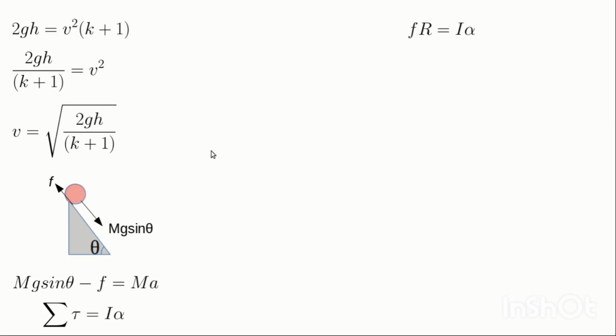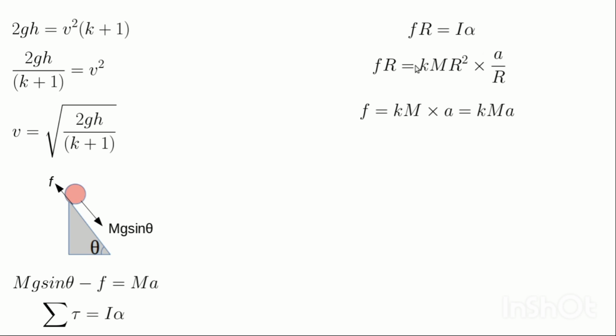So we bring in F times the radius of either the sphere or the cylinder. We make I equal to kmr squared as usual, times our alpha, which is the angular acceleration, the tangential acceleration over the radius. So r cancels r, and we make F the subject of the formula, and that gives us F equal to kma.